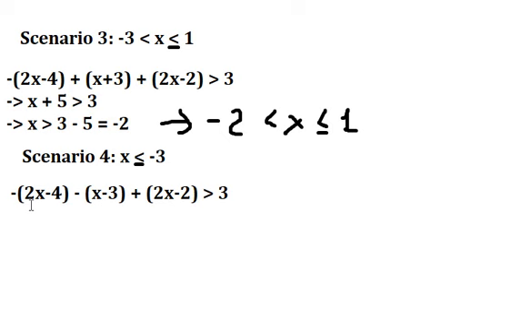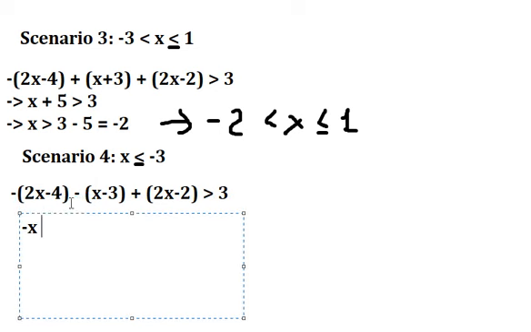So negative 2s, negative s, positive 2s for this one, that is negative s. So the next one, negative number 4 with the negative, we have positive number 4, positive number 3, negative number 2, we have positive number 5.